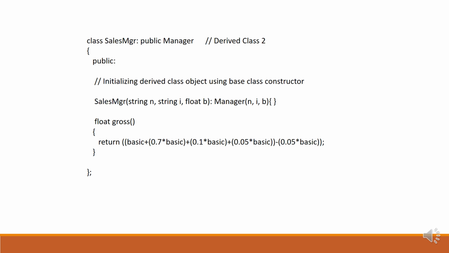On similar lines, we have another derived class called sales manager, which is derived from the base class manager using public mode of inheritance. Here too, we initialize the sales manager object using the base class constructor of manager.